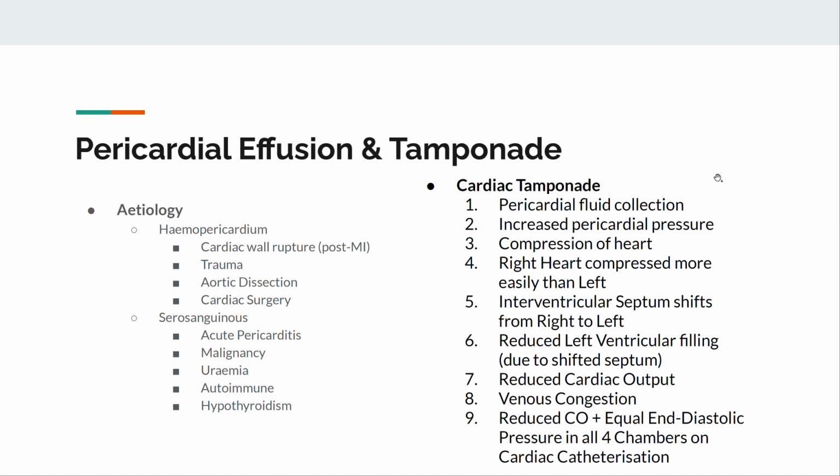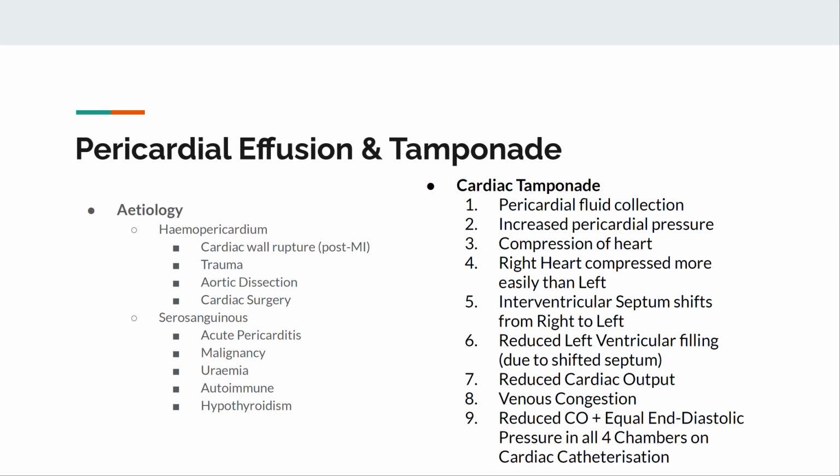Cardiac tamponade, on the other hand, is a terrifying, life-threatening condition where the size of the effusion has gotten so great that cardiac output is significantly diminished. So first you get a fluid collection, and then that increases the pressure in the pericardial space, pushing down on the heart. So that compresses the heart. And because the right heart is softer than the left heart, the right heart gets more compressed.